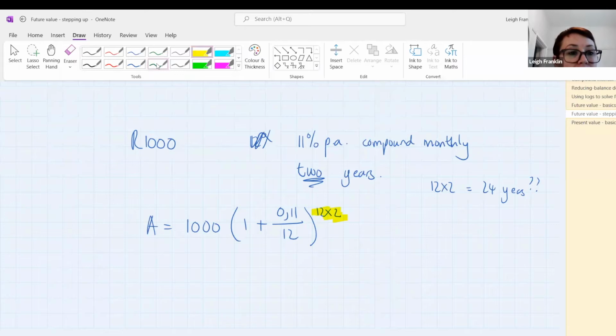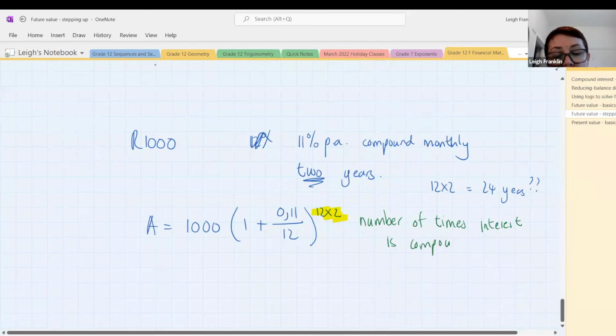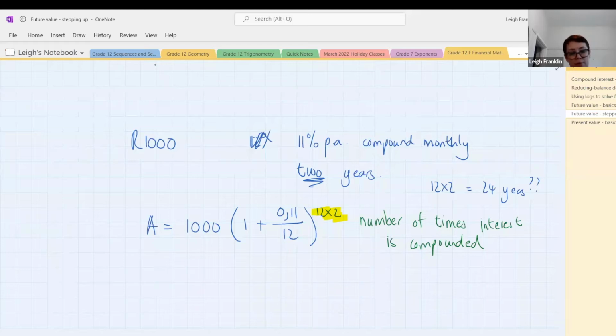I'm just going to write this down for you. It is the number of times the interest is compounded. Okay, because what I can do here is I can change my compounding period.